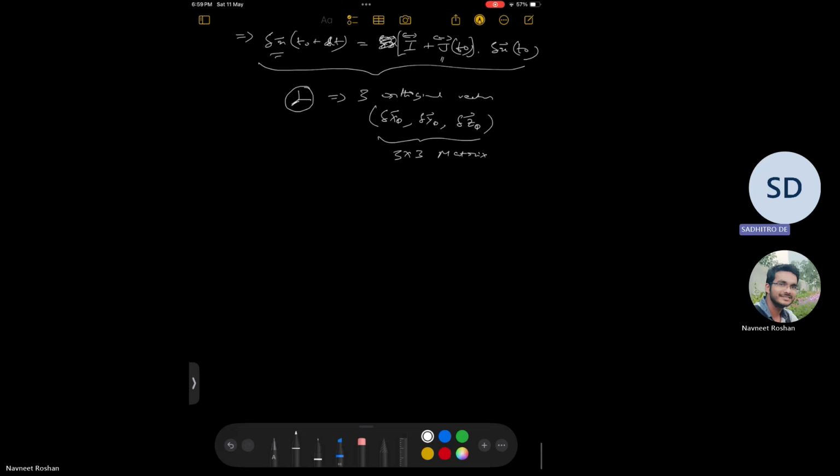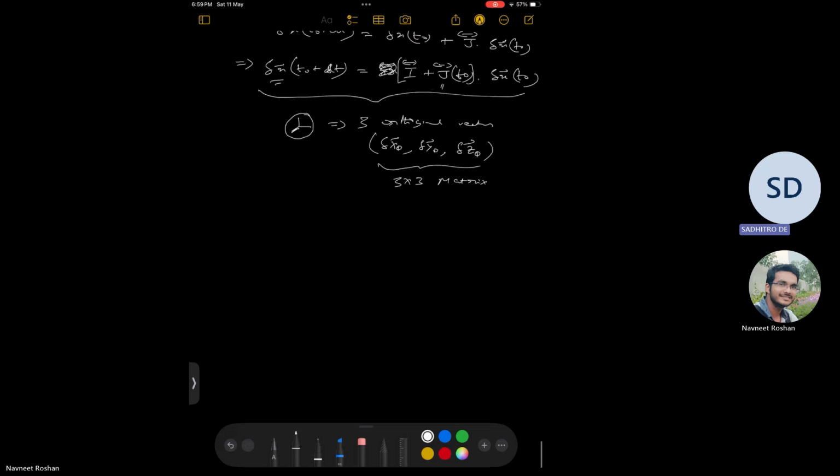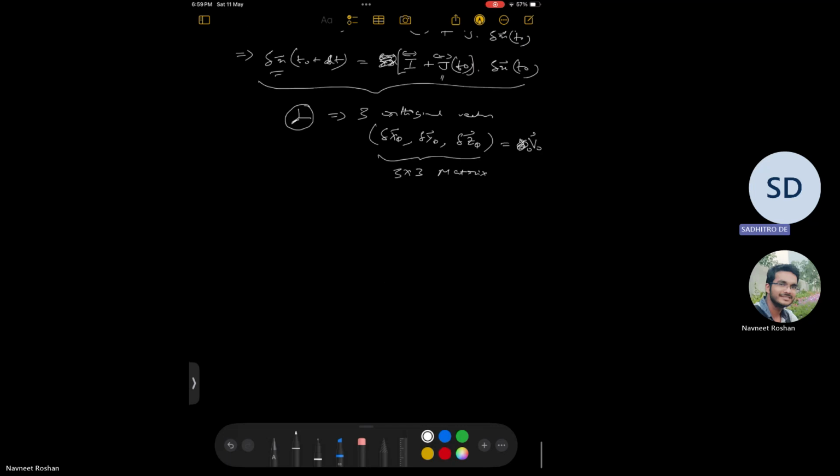After this, what you do is that you evolve each of these three vectors using this matrix equation of the Jacobian. So you can call this matrix, for instance, V naught. So basically, V naught represents a volume in phase space.